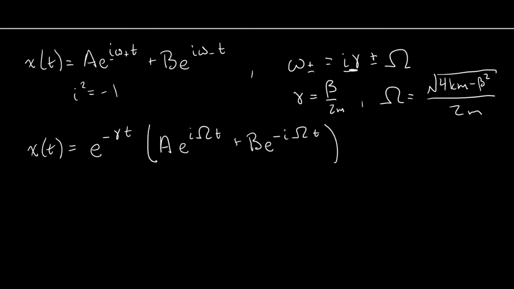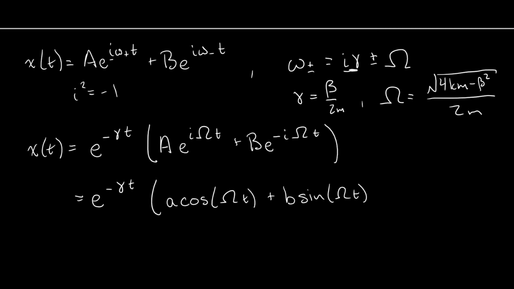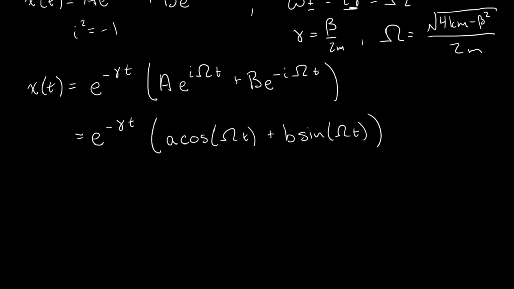Now I can just rewrite my complex exponentials in terms of sines and cosines to make what's happening a little more clear. And I get some new constants, a cosine omega t plus b sine omega t. And there we go. We have our solution.